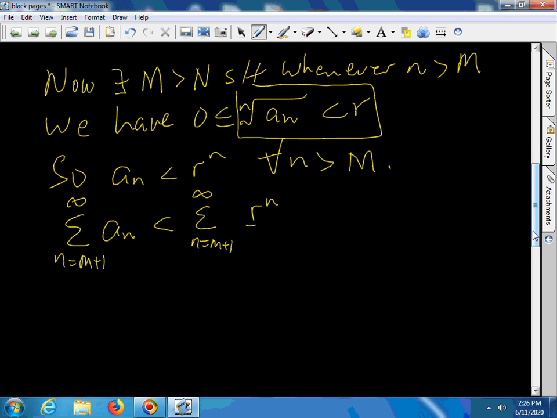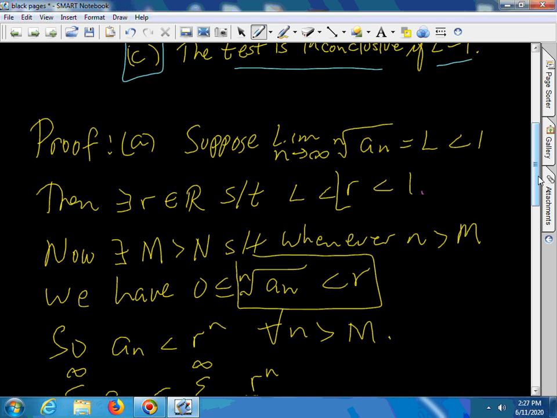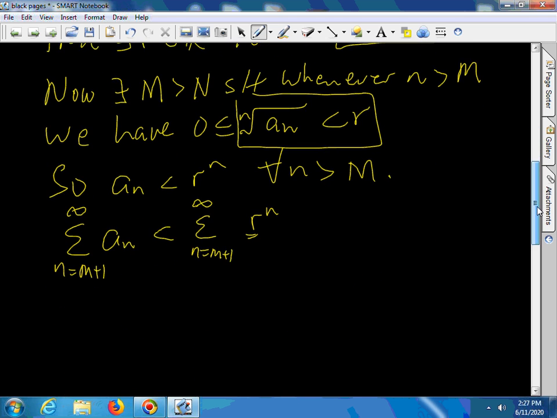Now, we know that r is less than 1. We have that right here. R is less than 1. But we have to be careful. This here is equal to the summation as n goes from 1 to infinity of r to the n minus the first M terms, the summation n equals 1 to M of r to the n.